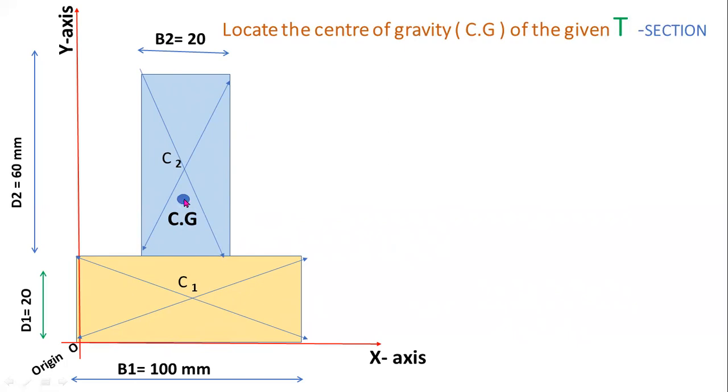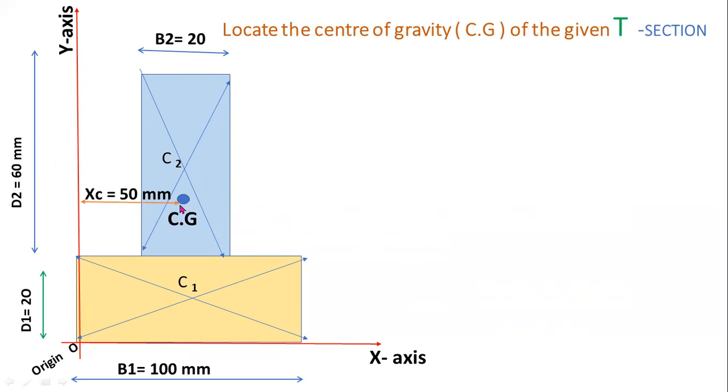Now CG, here the distance of the centroid or center of gravity from the y-axis is xc. xc is the distance of the centroid from the y-axis. That value xc equals A1 x1 plus A2 x2 by A1 plus A2, equal to 50 mm.